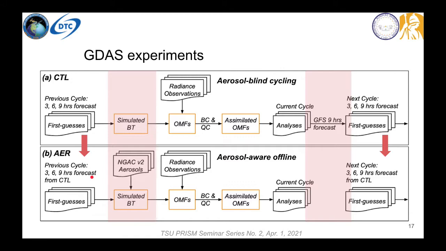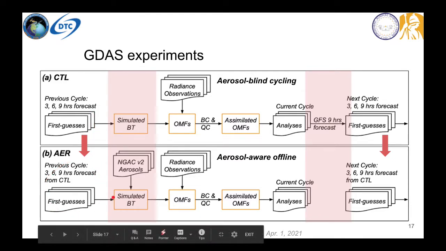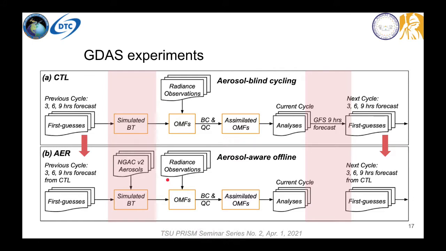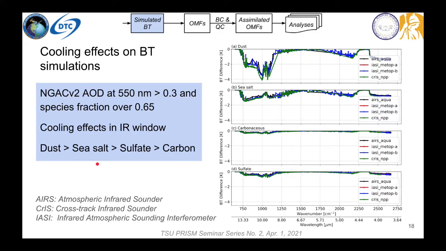The analysis was generated by the GSI analysis system with the 4DEnVar strategy with 80 members. In the control run experiment, the first guess information will be passed into the CRTM, and the CRTM will generate the brightness temperature simulation and combine with the measurements. Then we can get the first guess departure.